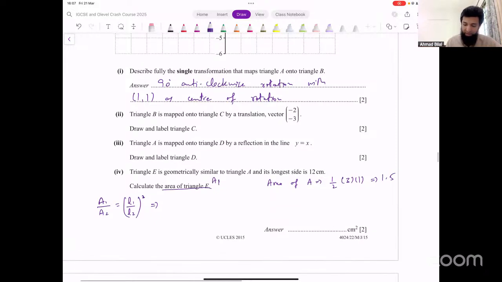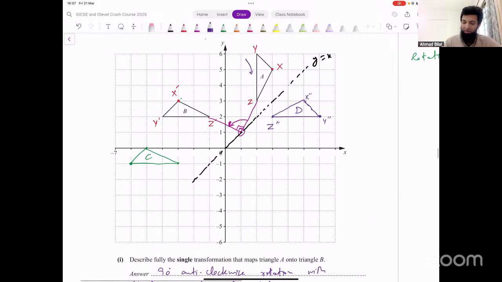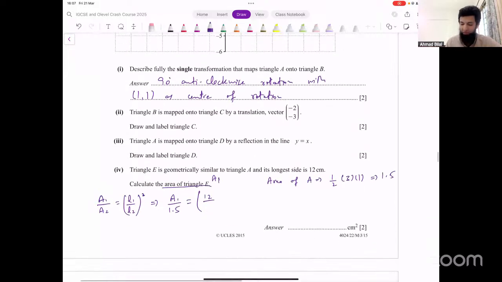So we can say A1 over 1.5 should equal (L1 over L2) squared, corresponding sides. The bigger triangle has a length of 12. Our triangle here, the longest side is 3 units. So it becomes (12 over 3) whole squared. And that should give us the result.